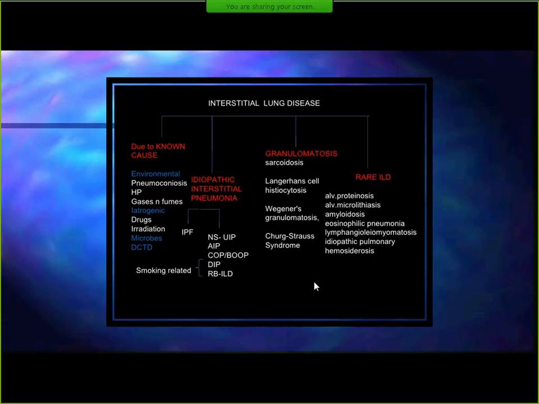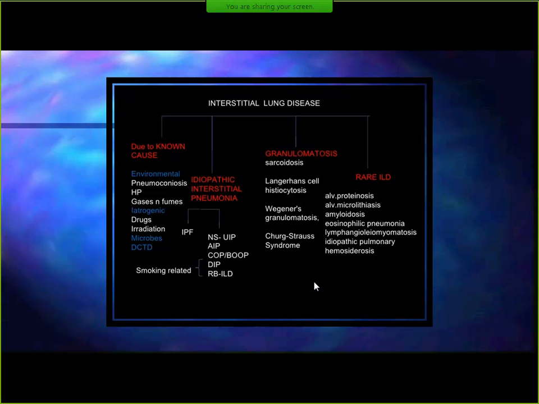If those features are there, you may not need a lung biopsy. You may just diagnose it with a history and findings on the high-resolution CAT scan. Usually if you do a biopsy, because you're not really clear if it's idiopathic pulmonary fibrosis, it will give you this specific pattern. It's called usual interstitial pneumonia.